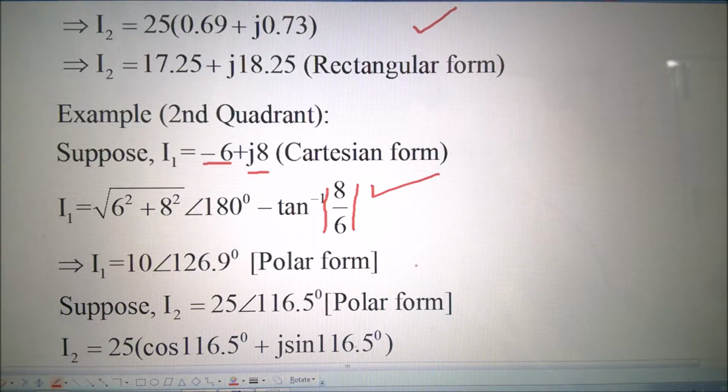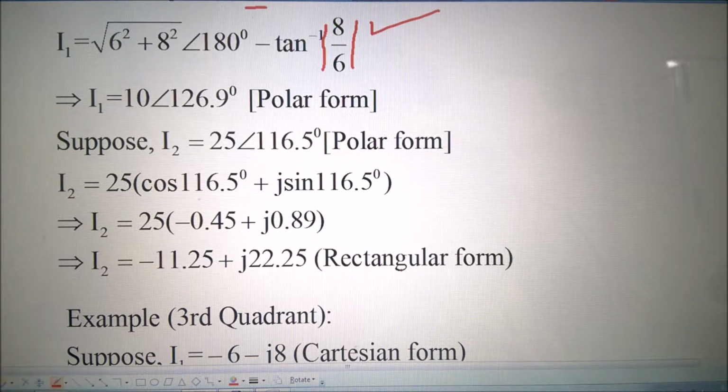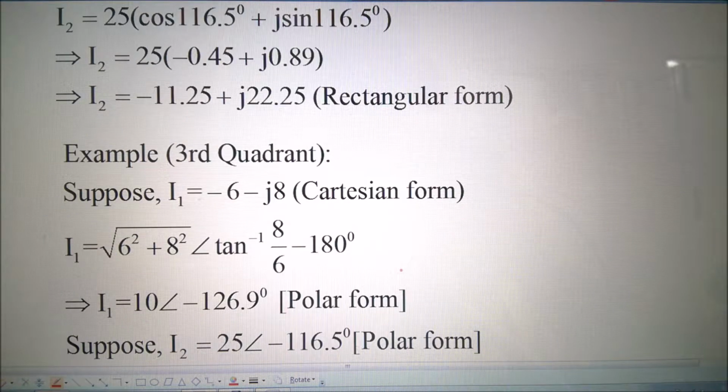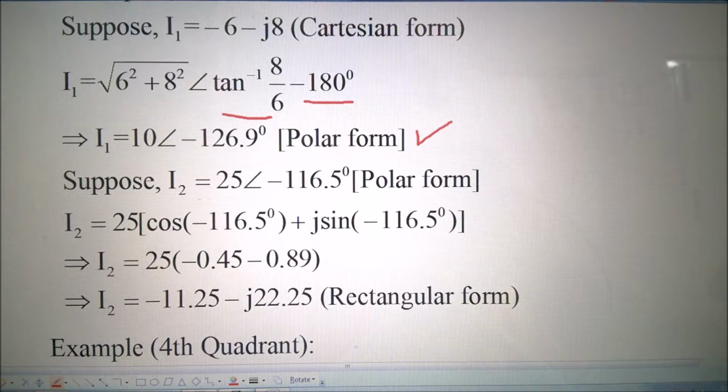After finding the angle, this will be the polar form, and then you can find the rectangular form. Similarly, in the third quadrant it is tan inverse first, then minus 180 degrees. That is the difference, and we studied that in mathematics. I am recapitulating. This is the polar form, and that is the rectangular form.